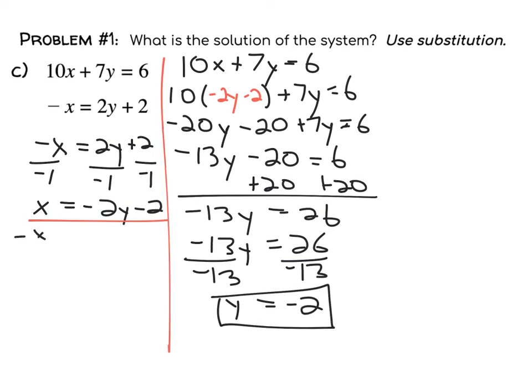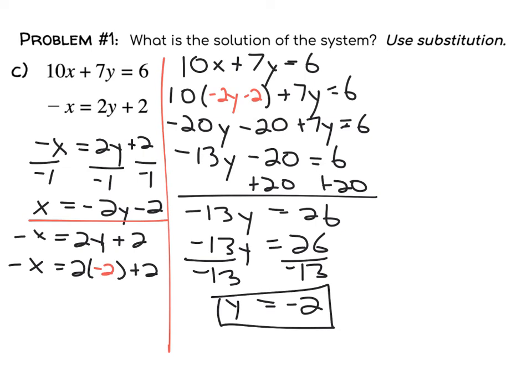Okay, so I'm going to write negative x equals 2y plus 2, and we know what y is equal to, so we say negative x equals 2 parentheses, it's equal to negative 2, so we're going to write in there negative 2. And we're going to solve this out.